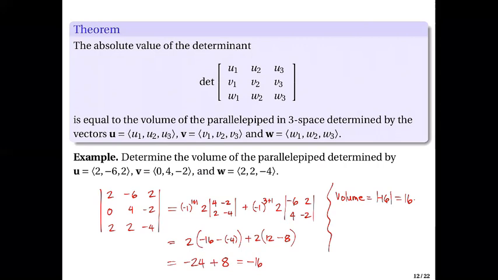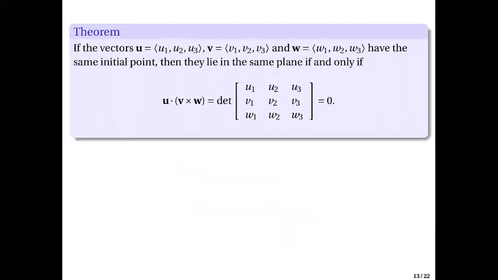So let's now look at this. Suppose vectors u, v, and w have the same initial point. Then they lie in the same plane if and only if the scalar triple product is equal to 0.